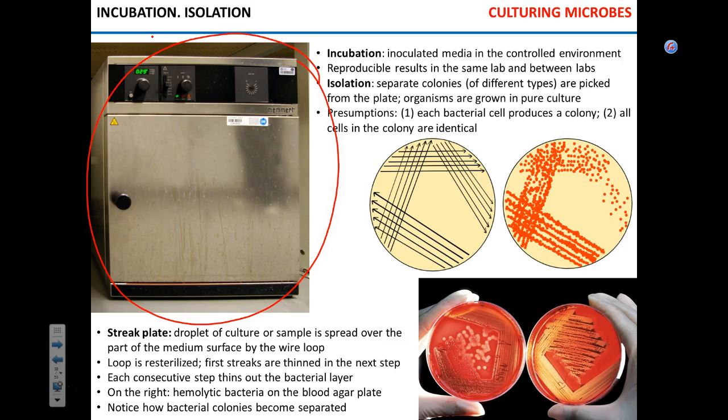Isolation. Let's say you have a culture, the Petri dish, with different types of colonies. And then you have to isolate each colony, right?